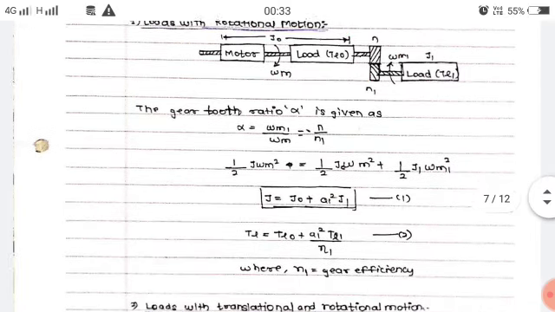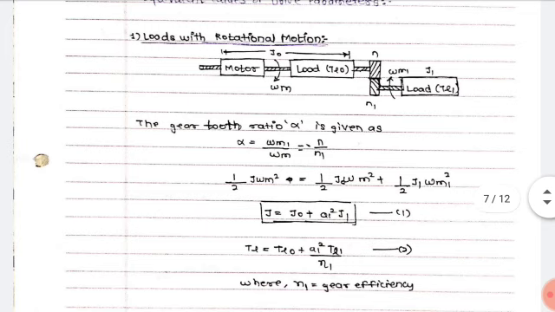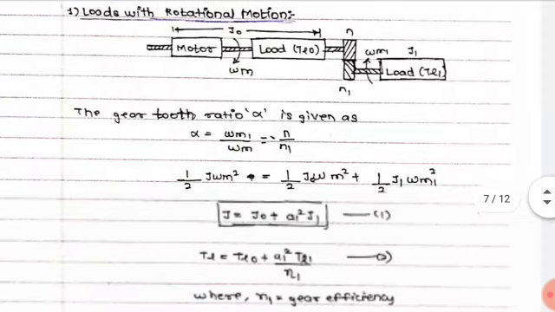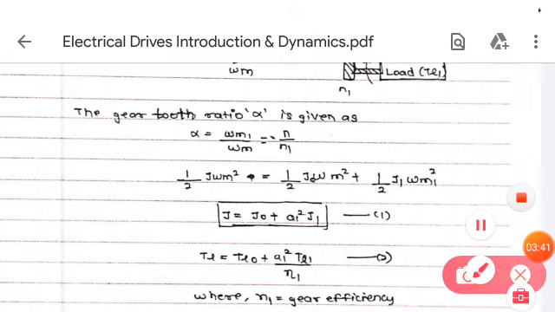Now let's see. The gear tooth ratio is alpha, no, this is not alpha, this is actually small a.